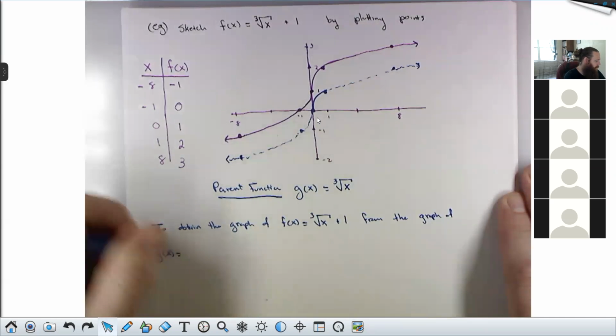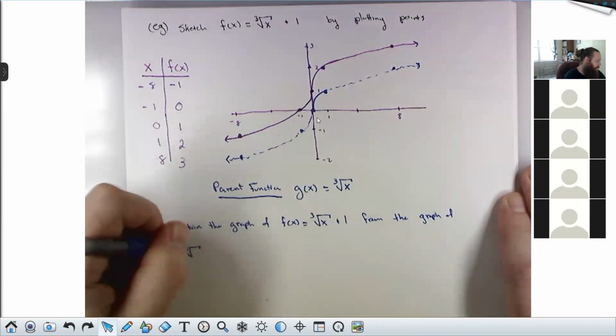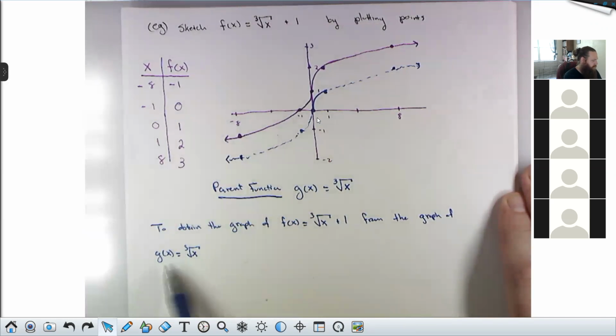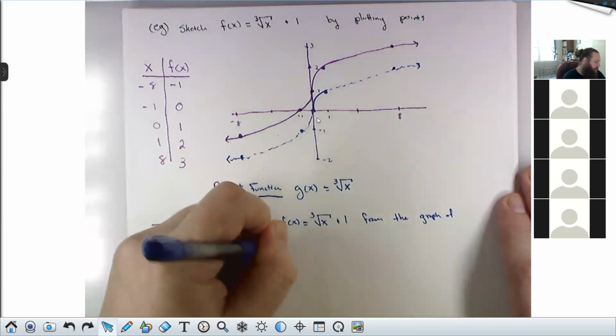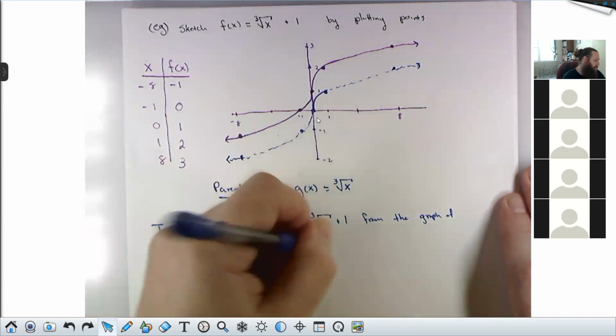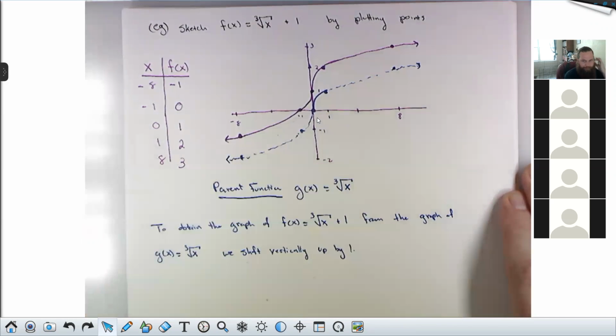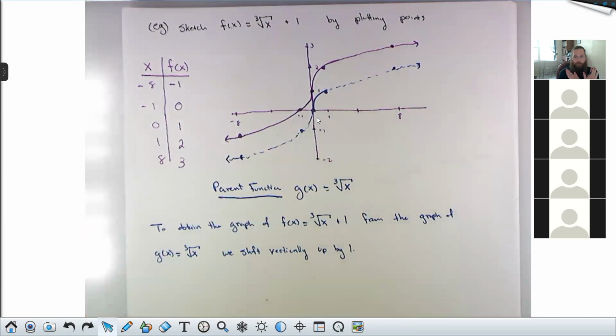So to obtain the graph of f of x equals the cube root of x plus 1, from the graph of g of x equals the cube root of x, we shift vertically up by 1. All right, I take the blue graph and I push everything up by 1 unit. And that will give me the purple graph.